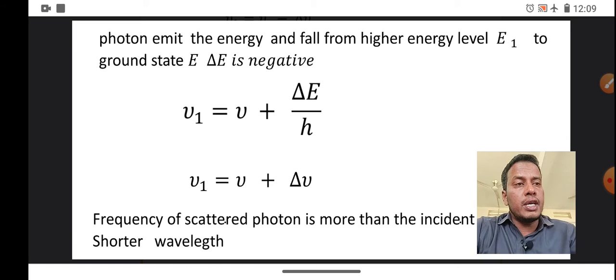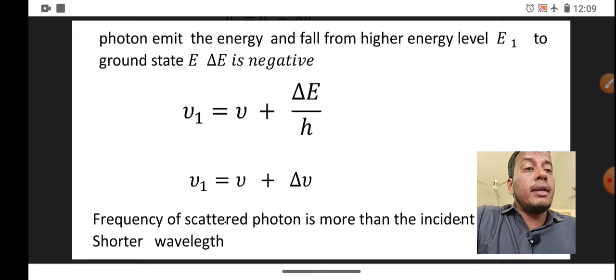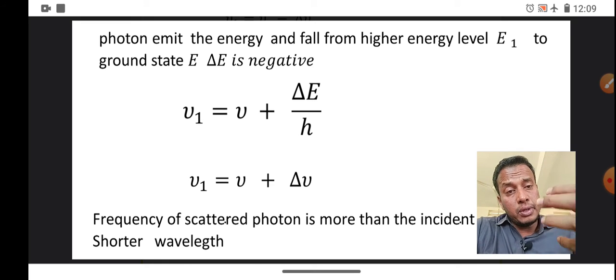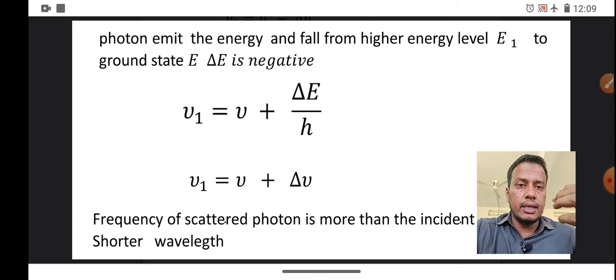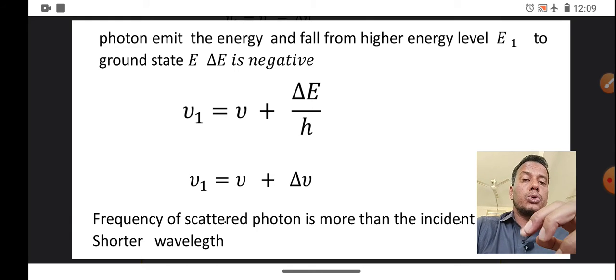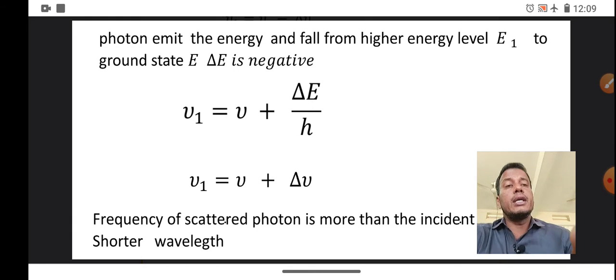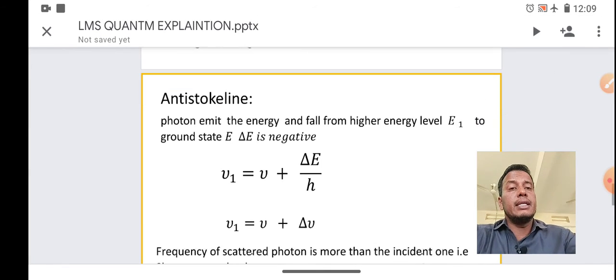The line which has a frequency more than the incident one is what we know as the anti-Stokes line.